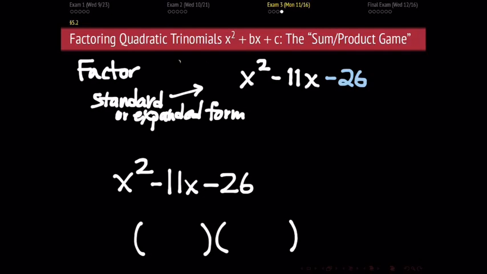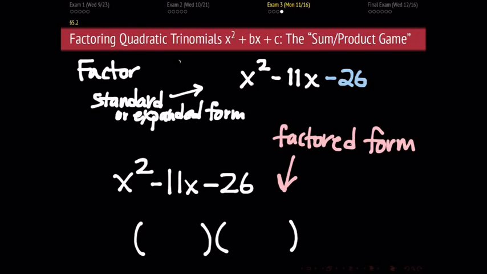Its only real function, the purpose that we want it to serve in its factored form, is that that's going to be the form in which we're able to actually solve an equation involving these expressions. So it's only really useful to us if we're using it in the service of solving an equation.